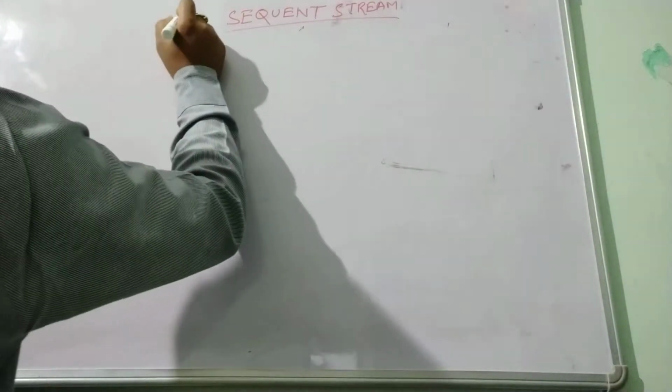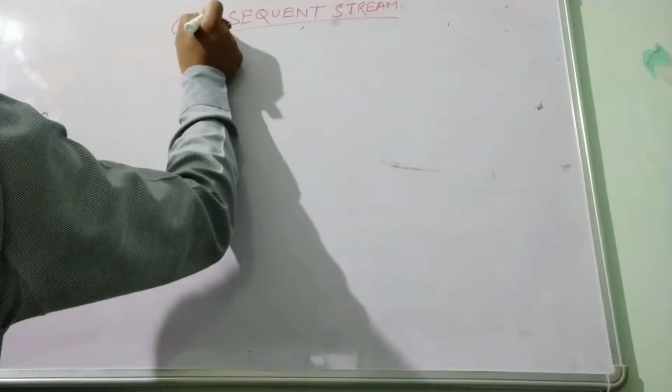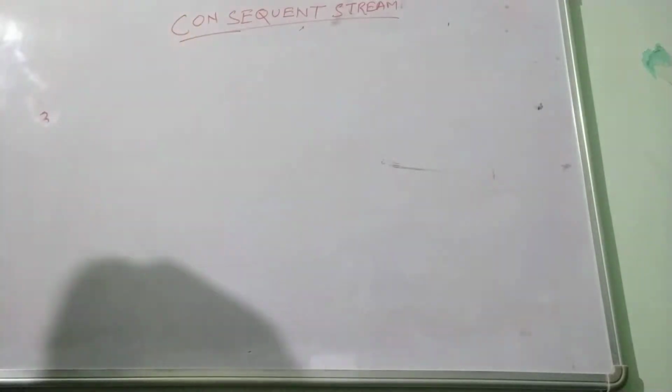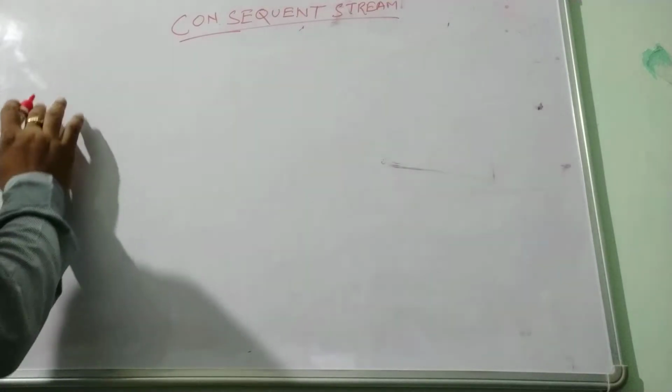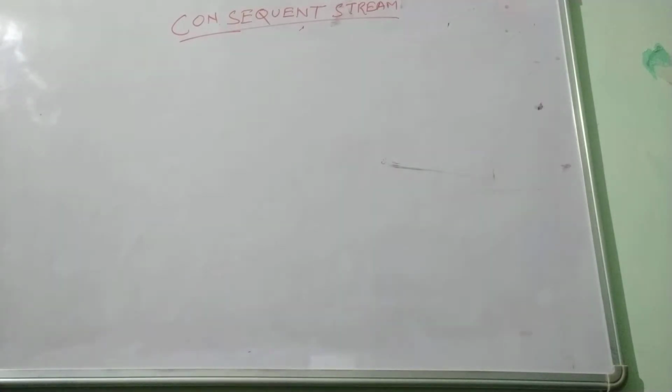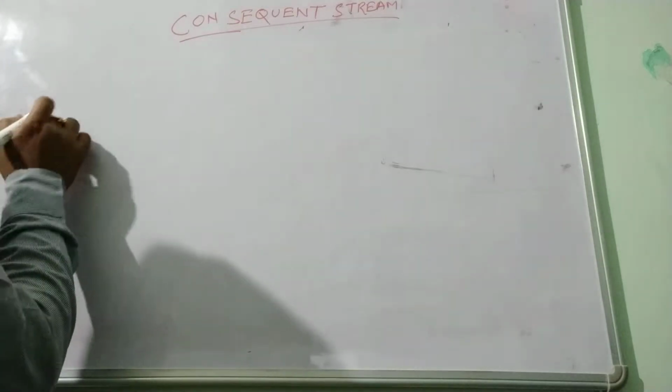That is the consequent stream. Consequent streams are the streams that are first generated on the earth's land surface in a particular region, and this stream follows the regional slope, therefore it also follows the dip of the rock bed.